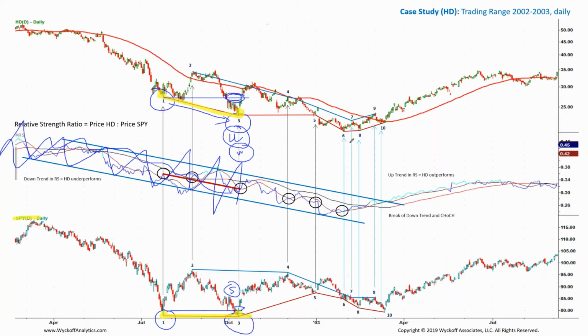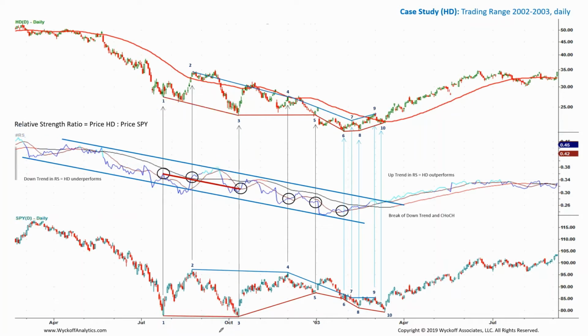And look what happens next. If we think about the next rally, the market is outperforming on the next rally. It has one move up, second attempt, third attempt. The stock has one move up, and then the second attempt creates a lower high, and the next attempt creates a lower high again, and then it starts to underperform into 5.